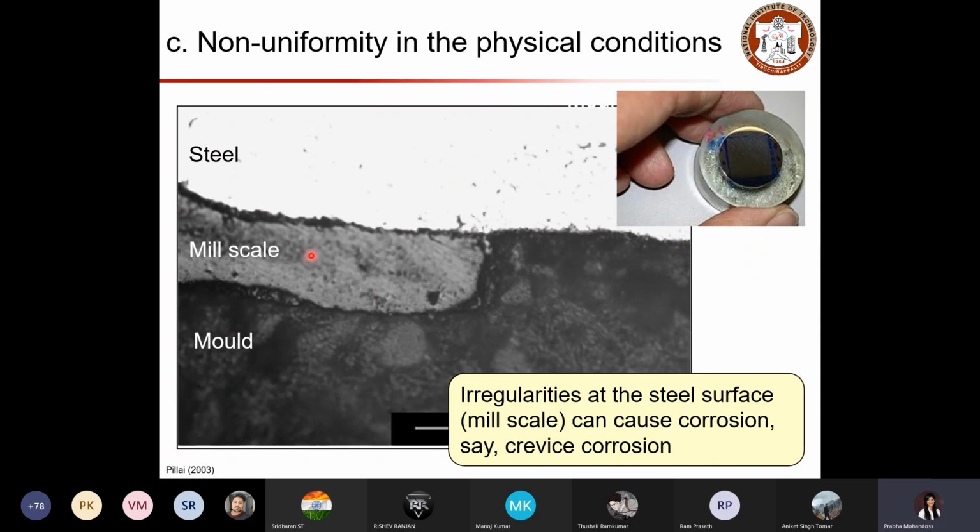So when you have it on the steel part, the same steel material will have two different physical conditions, one on the surface and one at the interface, or whatever is inside the material.